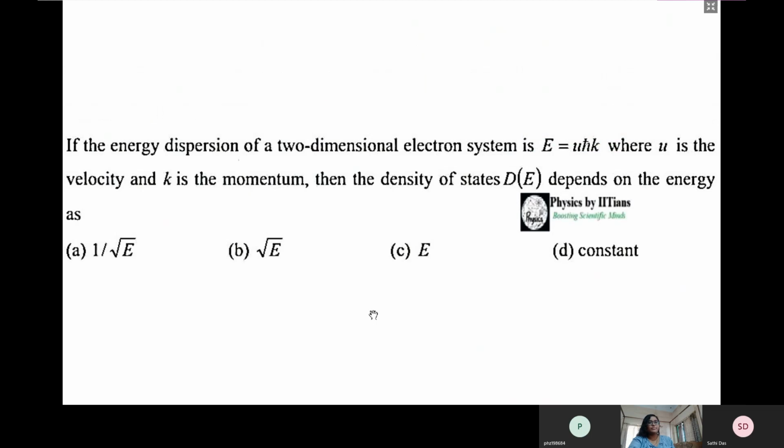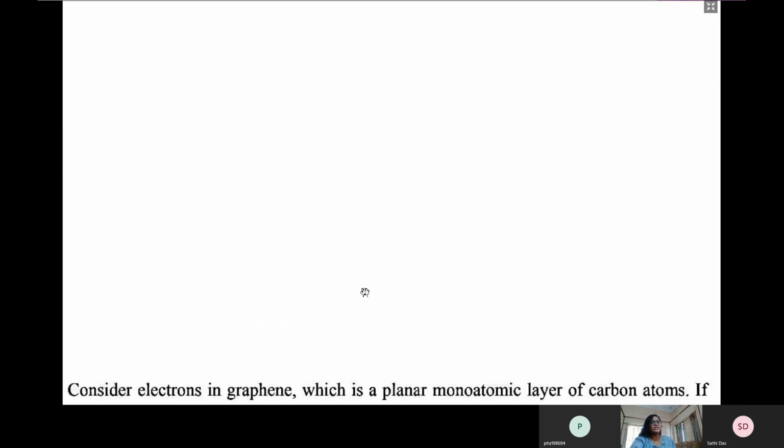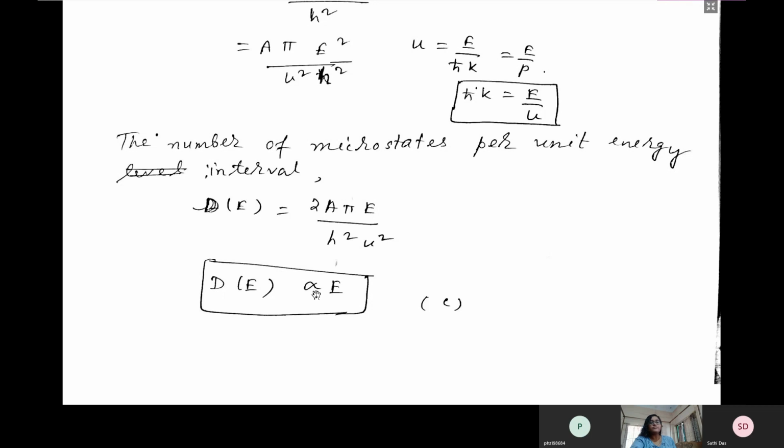That's why we have taken that degeneracy term. Since this is an electron system, we have to include the degeneracy in the density of states. That's why we have multiplied by 2, giving A pi E by h square pi u square into 2. So it is the dependency proportional to E in two dimensions.